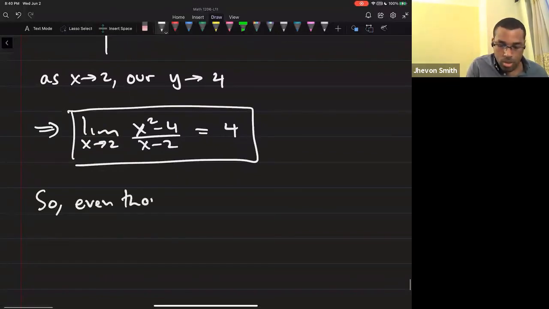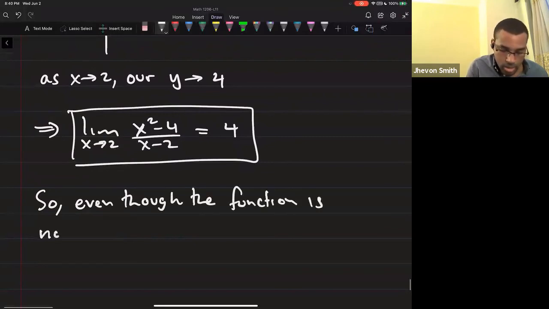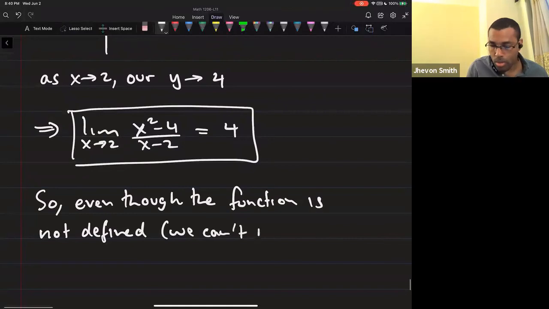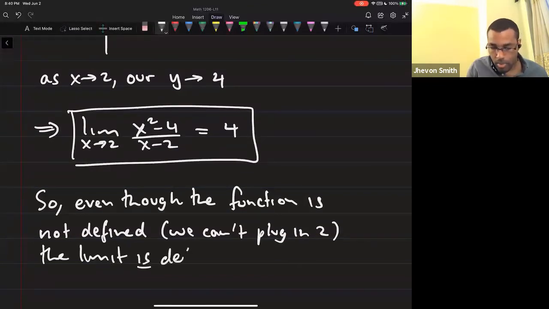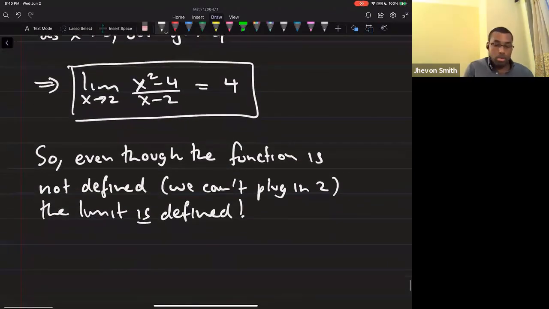Even though the function is not defined, we can't plug in 2, the limit is defined, right? So the limit does exist.